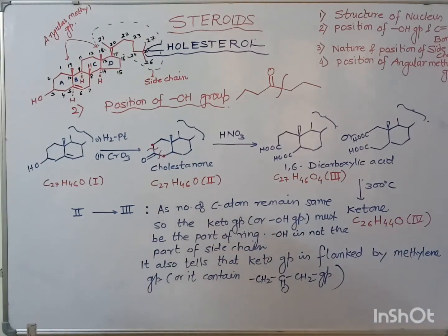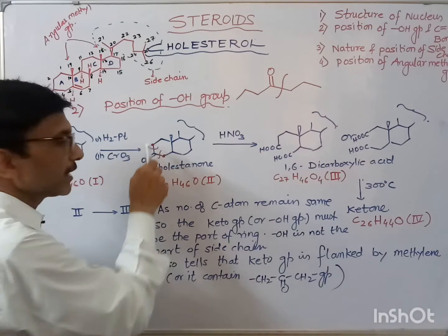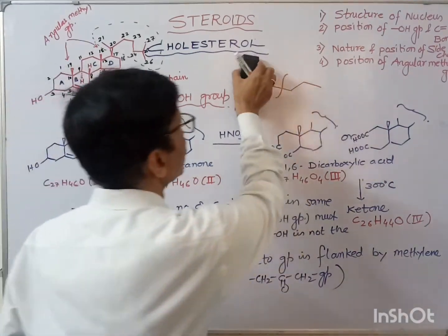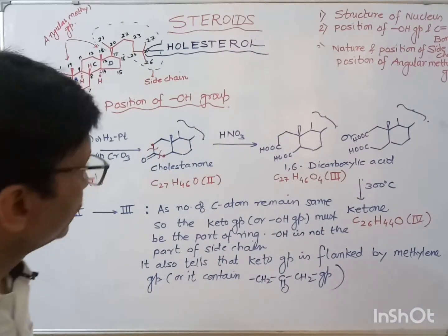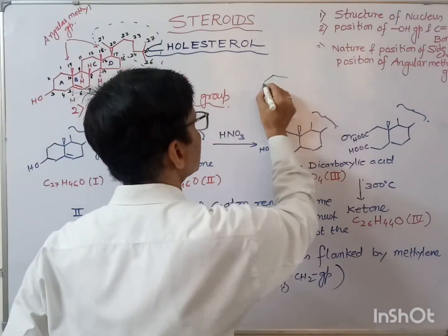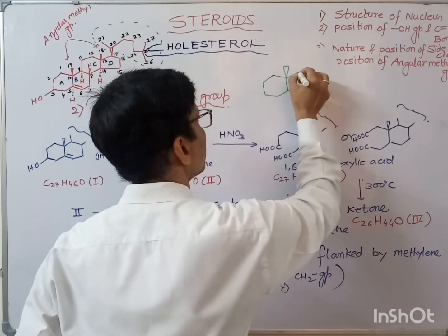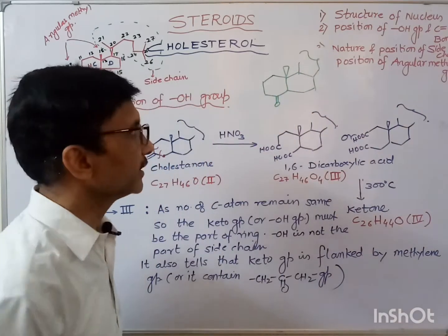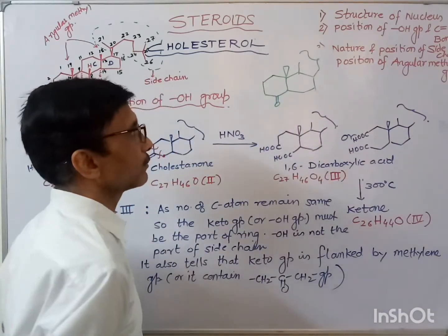If it does not contain this one, suppose the keto group is not flanked by this CH2, then we may see something like this. Suppose the keto group is present over here, in that case it will not give you the dicarboxylic acid.